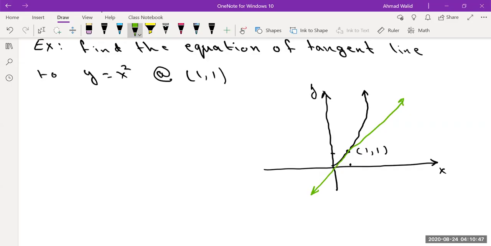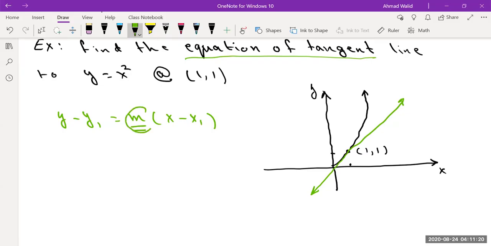If I know the slope and one point on the line, based on algebra, it's really easy to write the equation of the tangent line. That is my goal. You have a formula: y minus y1 equals m times x minus x1. If I know the slope, of course I have x1 and y1, so it's really easy to write the equation.